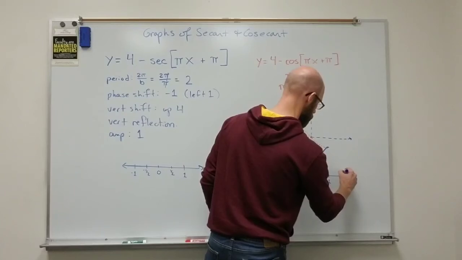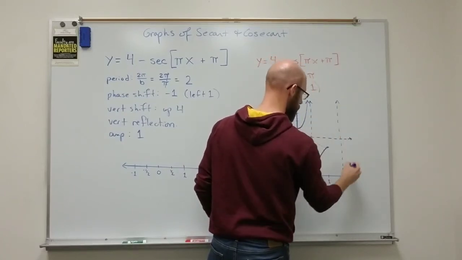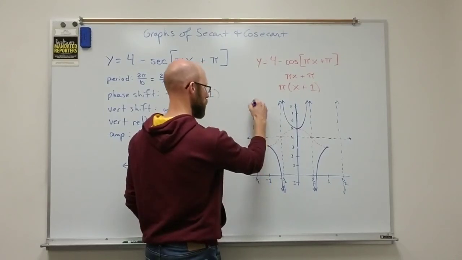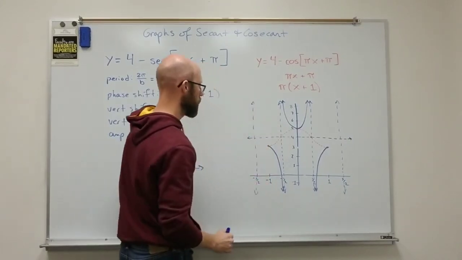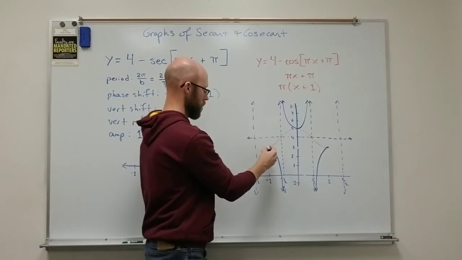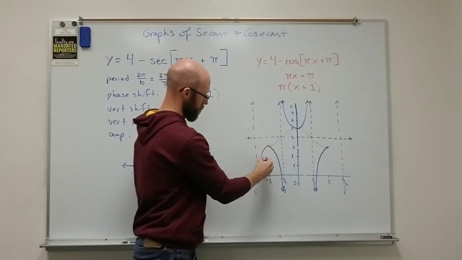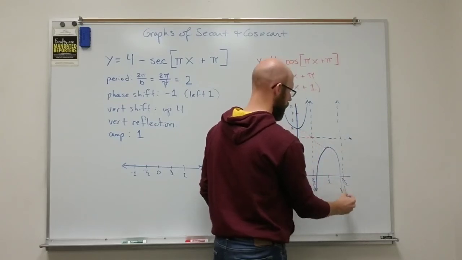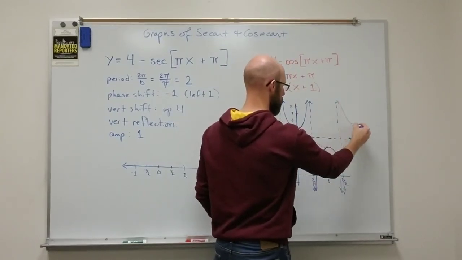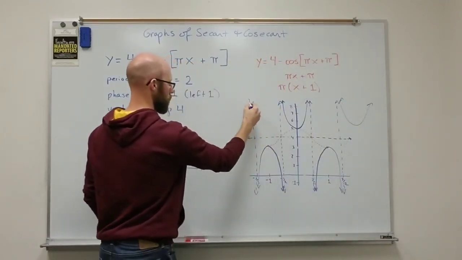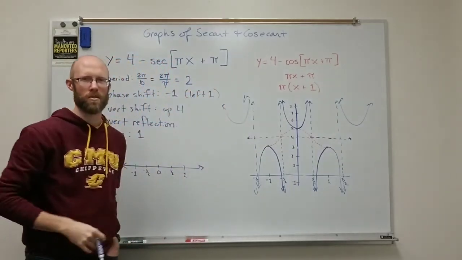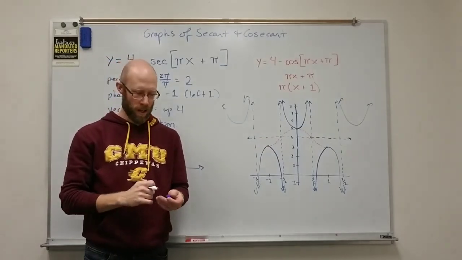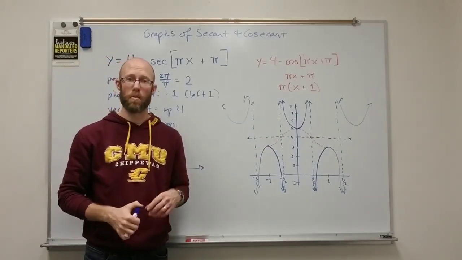So I could plot another vertical asymptote over here at 3/2, or at -3/2. And then this graph would continue with these kind of U shapes going down, and then another one would be coming up over here, and one up over here. And I'm just sketching those in rough, but you get the idea of how that would extend if we needed to extend to more periods.